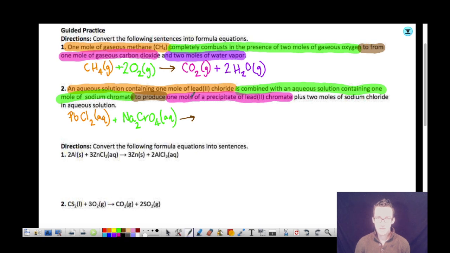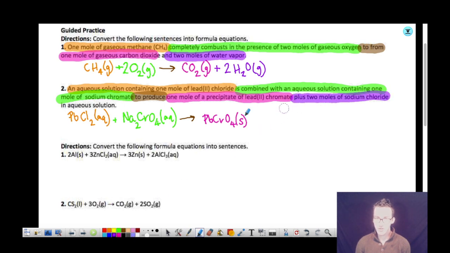Okay, we can do this. 1 mole, easy enough. Lead 2 chromate. The lead ion has a positive 2 charge, and the chromate ion is a negative 2 charge. You only need 1 of each of those. It's a precipitate, so that tells me that yes, my state of matter is a solid here.